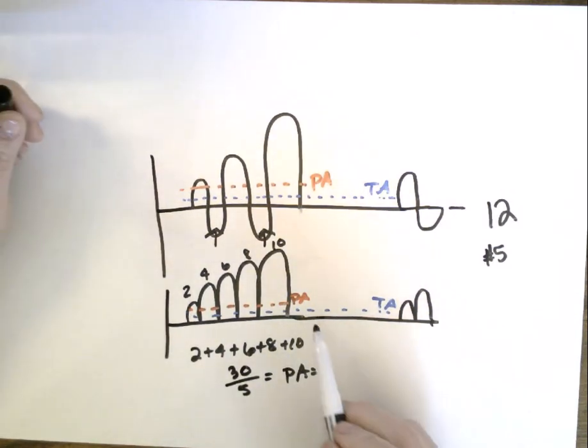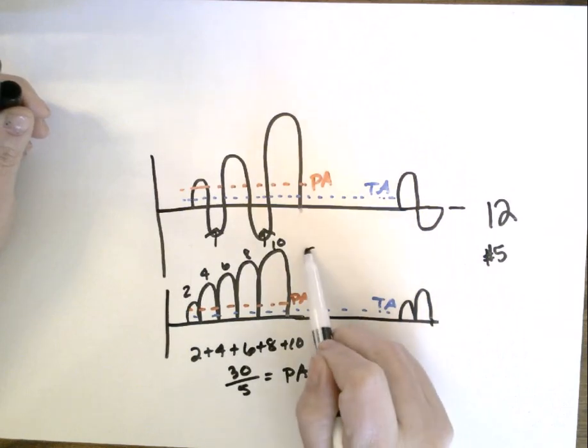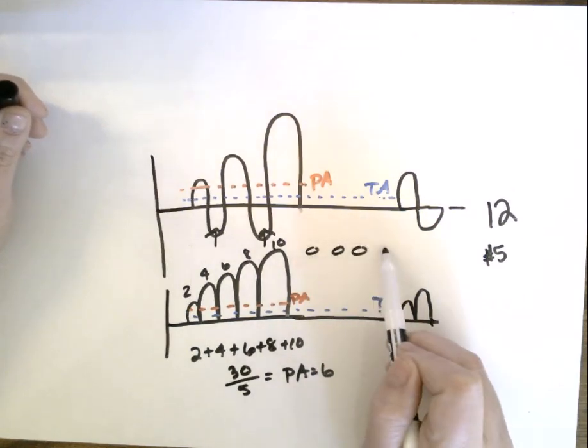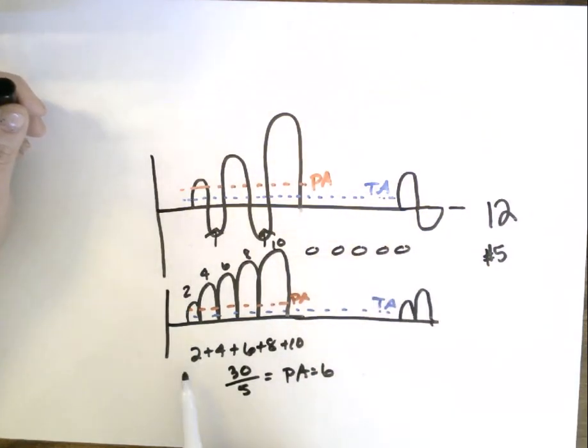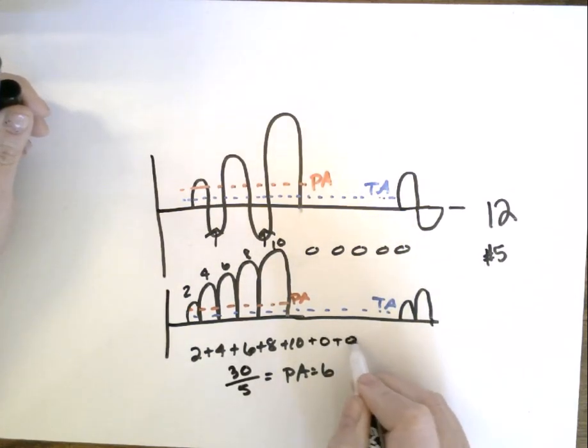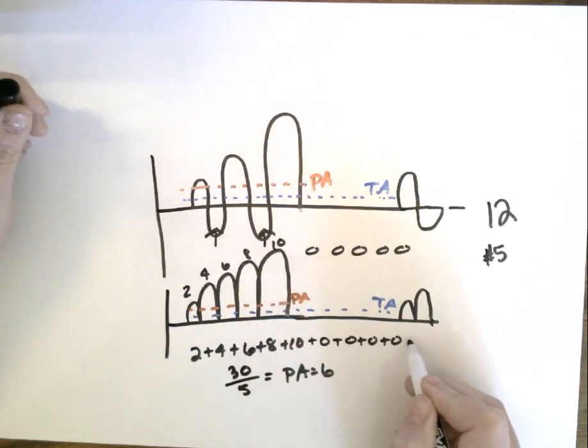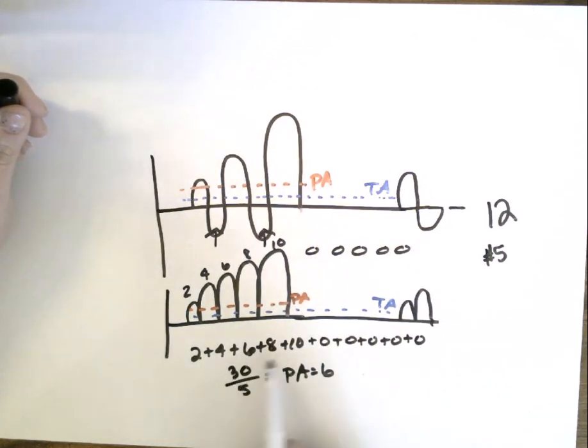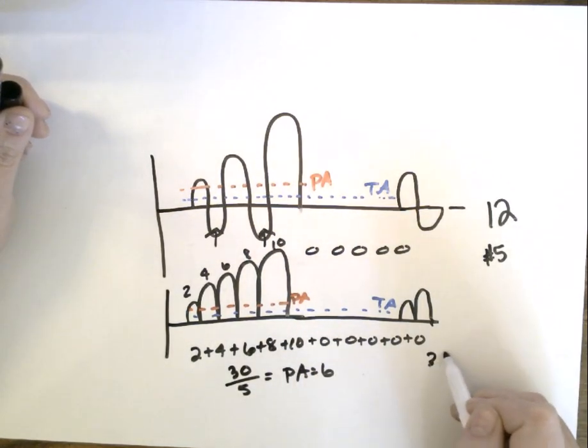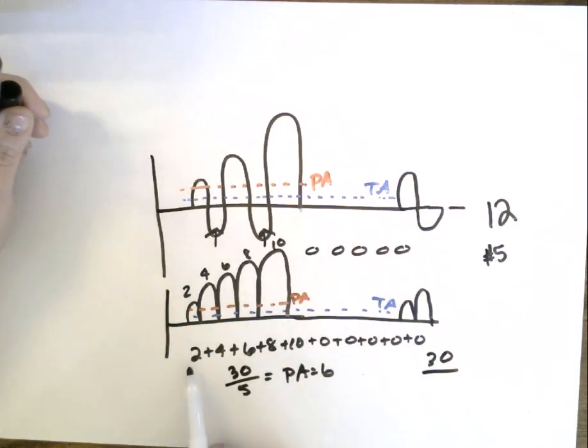Where temporal average, we have to consider the fact that there's a 0, a 0, a 0, a 0, a 0. So when we do the temporal average, we have to not only take these values, but also average in our zeros. So 30 still, plus 0, plus 0, plus 0, plus 0, plus 0, still equals 30. But now we're averaging that over 10 values, or 10 check-in points, we'll call them.